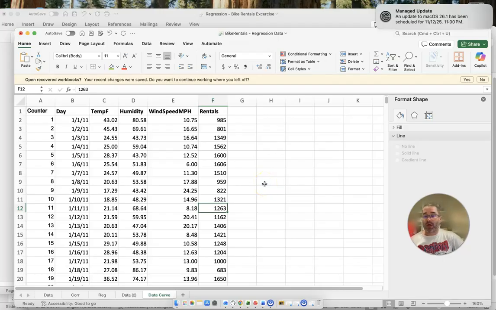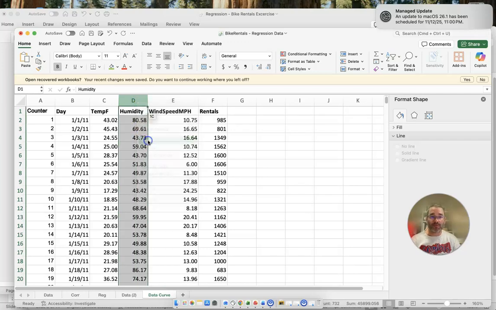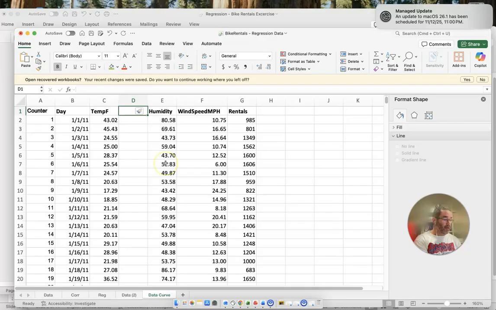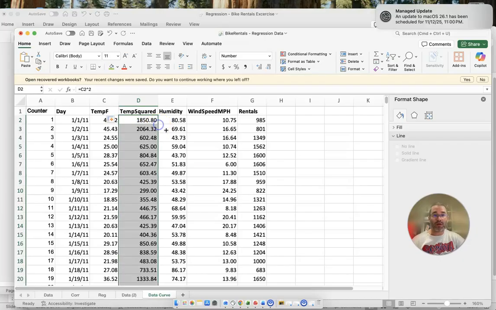And so in order to do this, all we have to do is add one more variable and take our temperature numbers and just square them. Okay, so I'll name it temp squared, and literally all I'm doing is I'm taking the original number and squaring it. Okay, I do that for all of them.